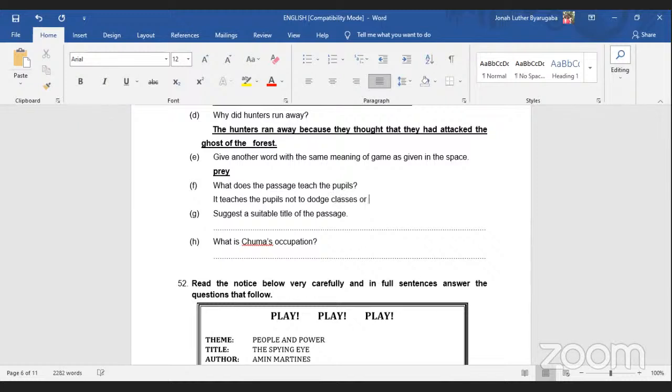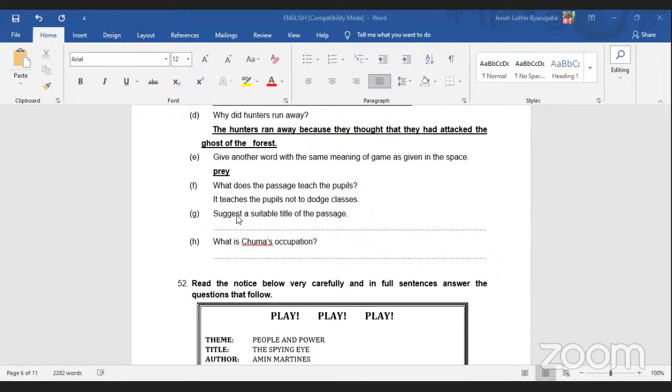It teaches the pupils not to dodge classes. I think so, I'm not very sure. Teacher Lynette, what do you think? I think it's correct.